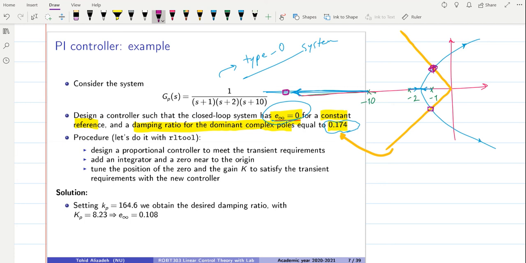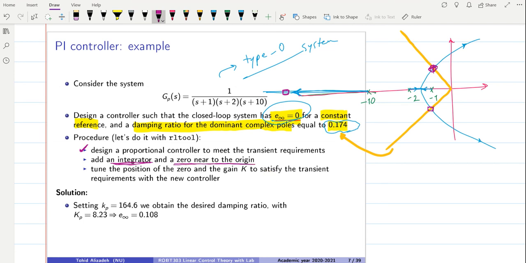And then since we cannot satisfy the steady state requirement on the error, we would need to increase the type of the system. So first we'll start by designing a proportional controller to satisfy the transient requirements. And then in order to satisfy the steady state error, we will add an integrator, a pole at the origin, and then a zero near the origin.